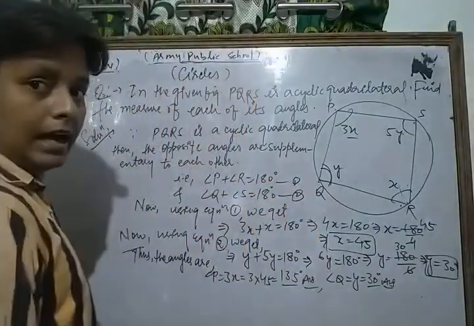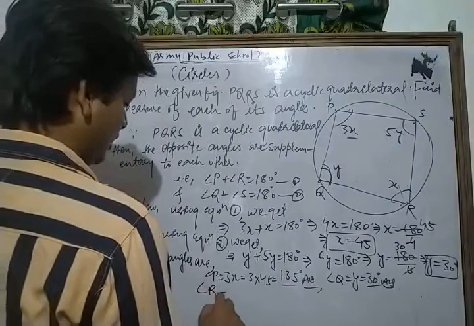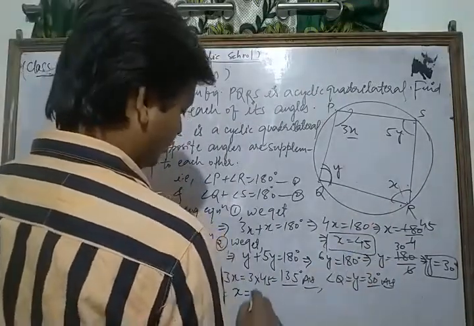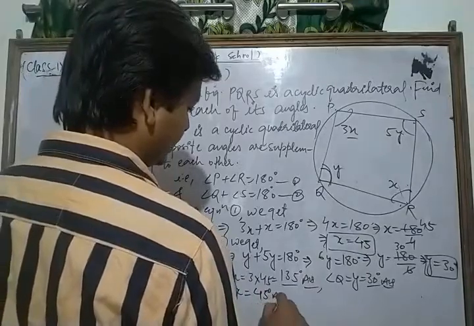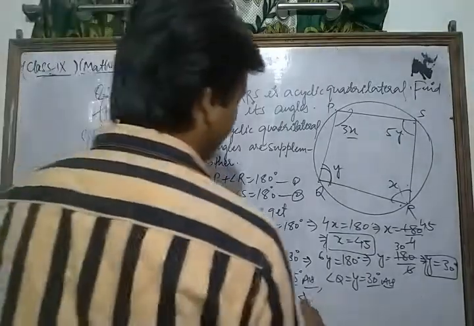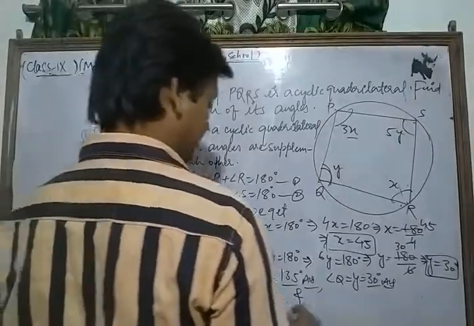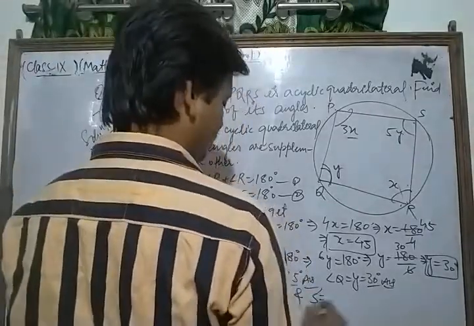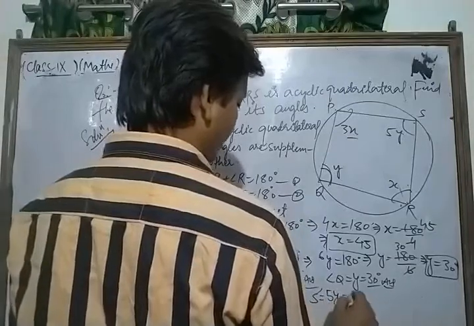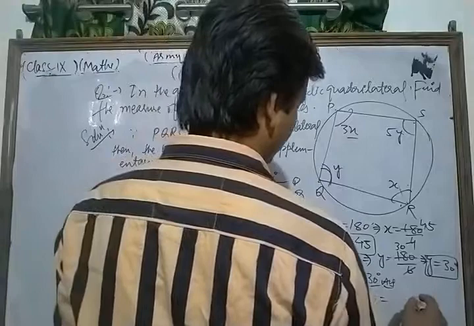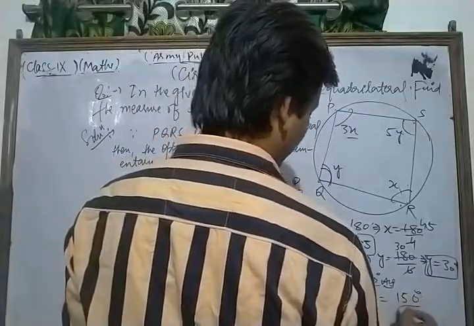Now angle R is x, the value of x is 45, so this is 45 degrees. And finally S is equal to 5y, which is 5 into 30, this is 150 degrees.